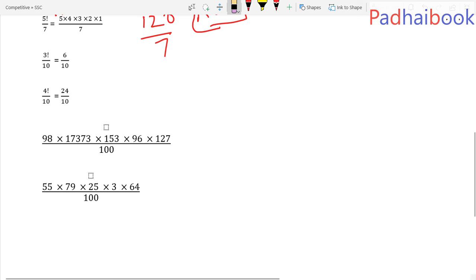Now in this case the question will never come like this, 3 factorial upon 10. The question will be what will be the units place of 3 factorial. They will ask what will come at the units place of 3 factorial.